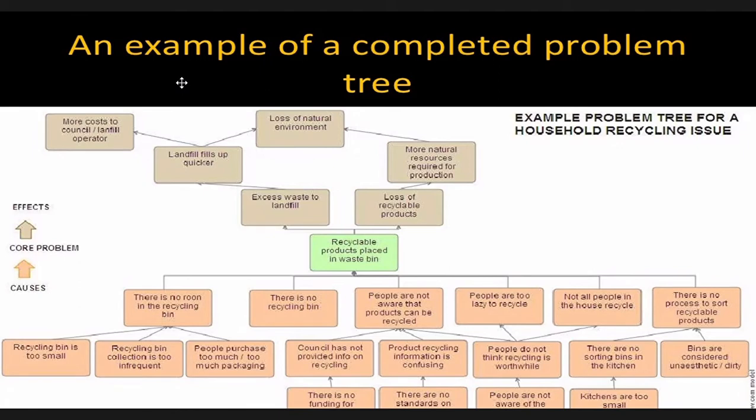Another is not all people in the household recycle. And another cause that they saw is that there is no process to sort recycled products. So what's the use? You want the recyclable products to be put in a waste bin, but they're not doing it because they can see, oh well, even if you put it in that particular bin, if there's no processing, what for?